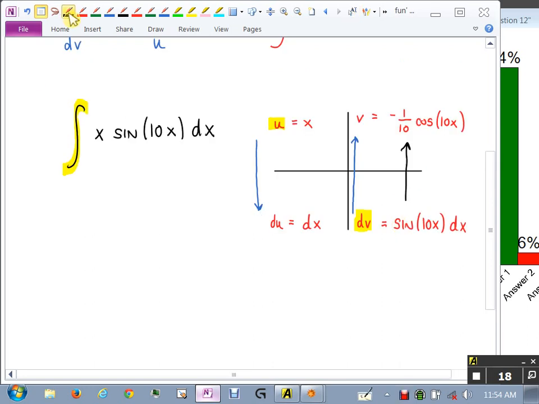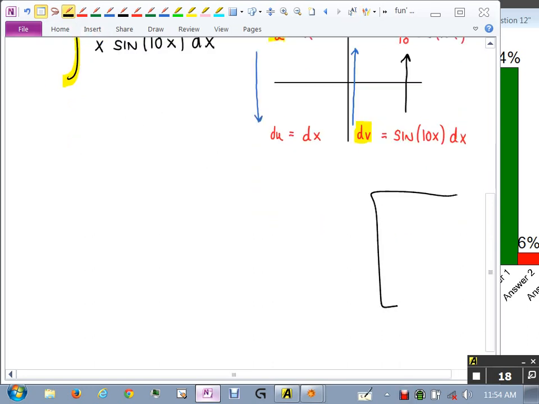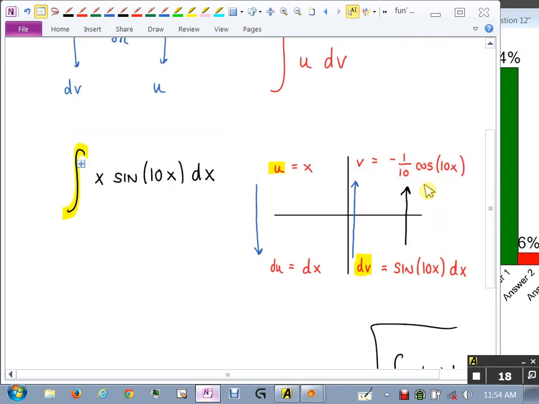So you could do that on the side. Hopefully you just think, I need to know the antiderivative of sine of 10x. So I'm going to make a little substitution: u is equal to 10x, then du is 10 dx, and then I rewrite the integral. That's substitution, the technique we used before this class. When you do that, you get this.